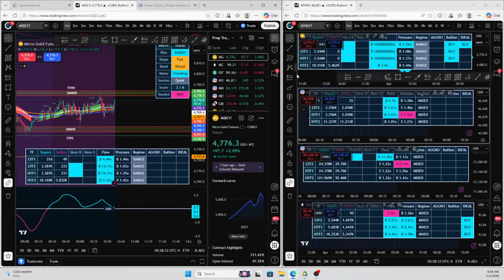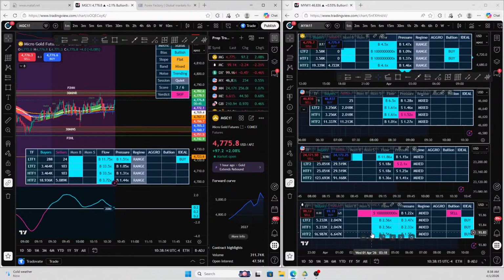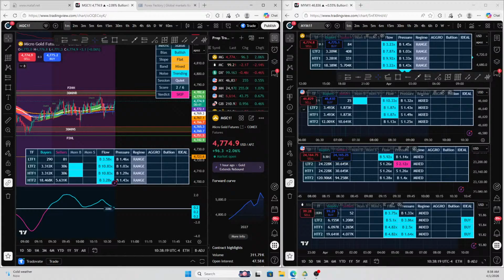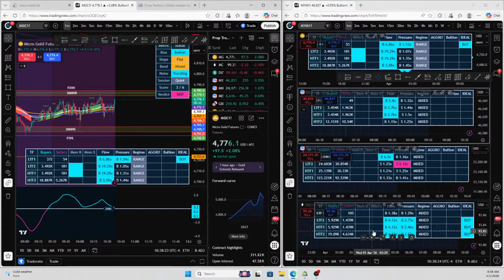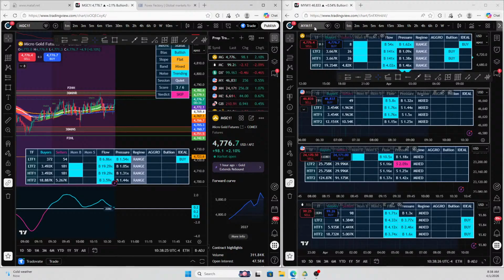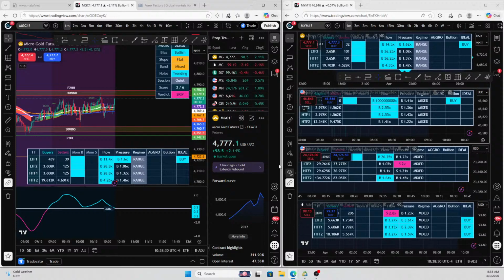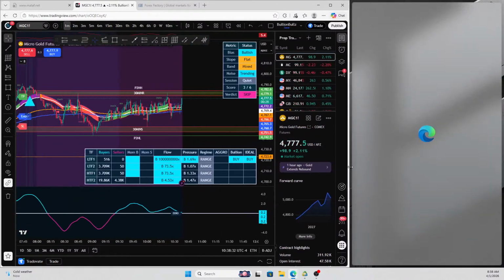So as long as it's pushing with volume, we can take the trade. But we're seeing gold push with oil. However, there should be inverse correlation where oil pushes and gold drops, or gold drops and oil pushes. Let's see what happens here.